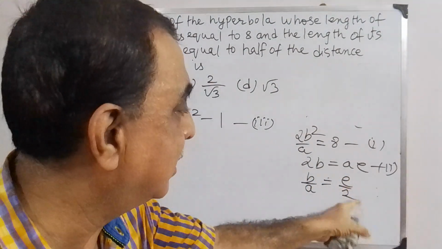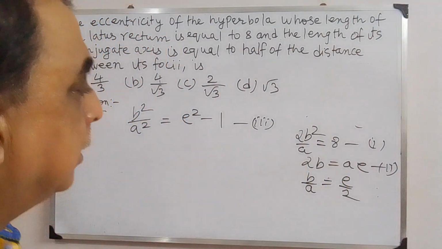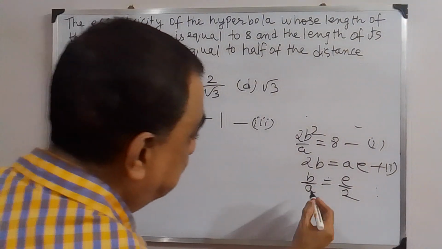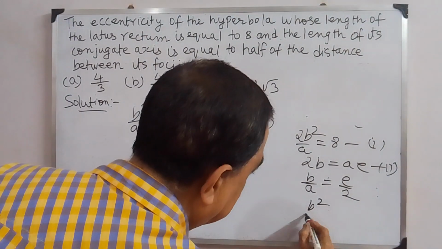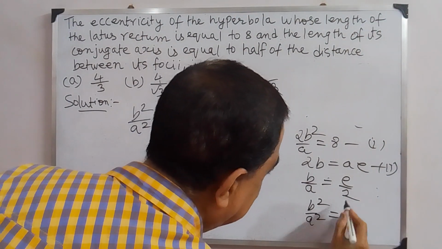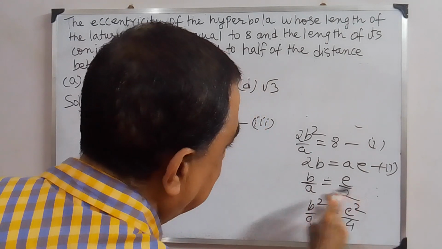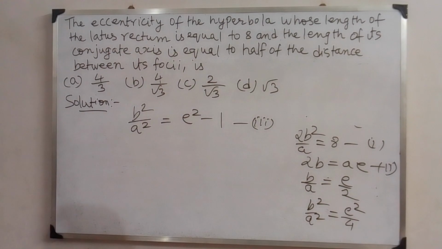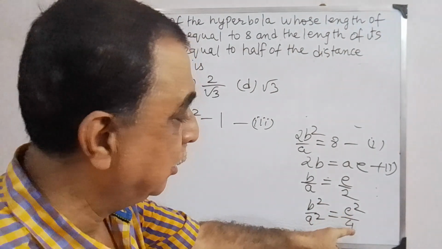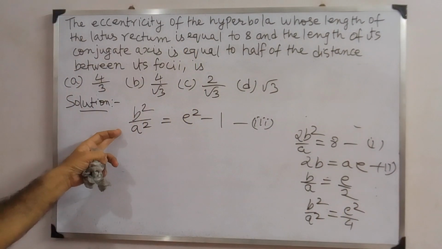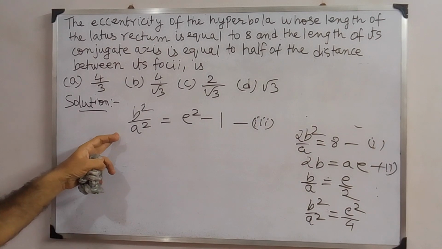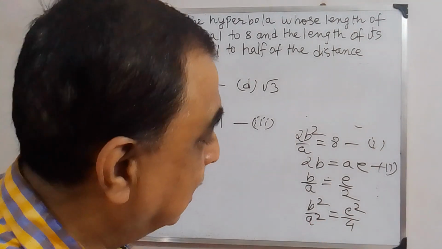Squaring both sides, b squared by a squared is e squared by 4. Just put this value of b squared by a squared, e squared by 4.